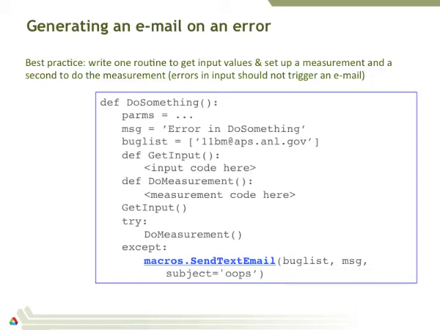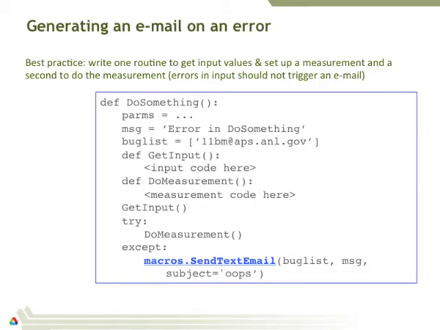But there is a trick here that helps that I've outlined here. When you set up a script, you get all the input and get all the stuff going that you're going to want to do. You only put the code that happens once the measurement starts into a try block, because 99 times out of 100, when you generate that unwanted email, you knew this crashed because you were sitting there.